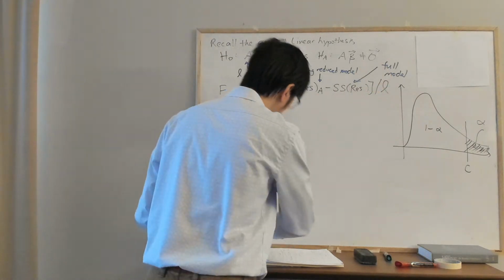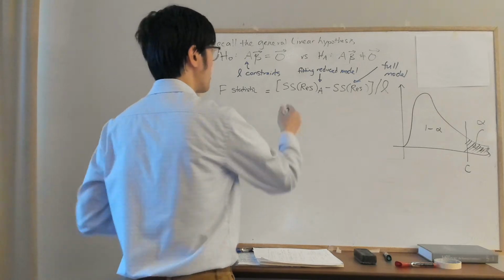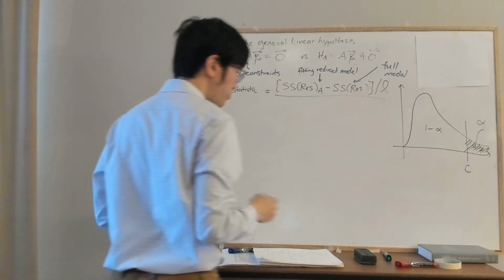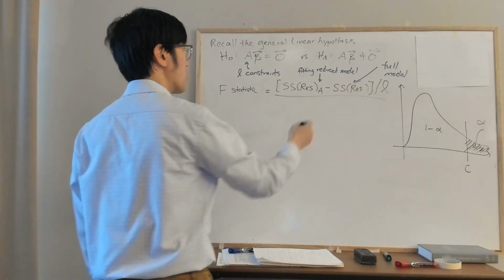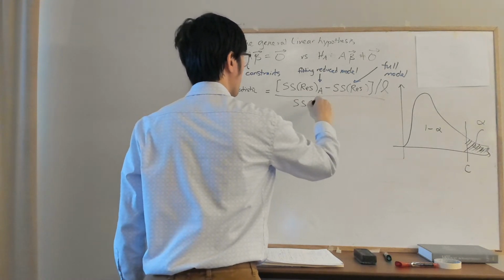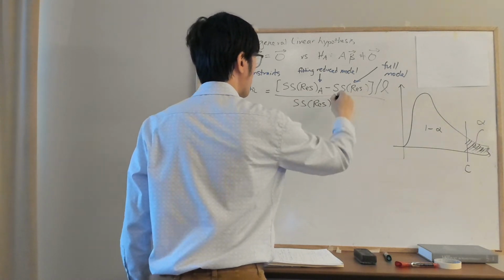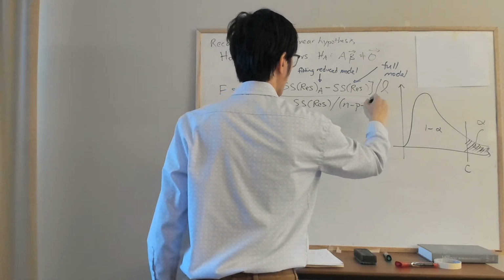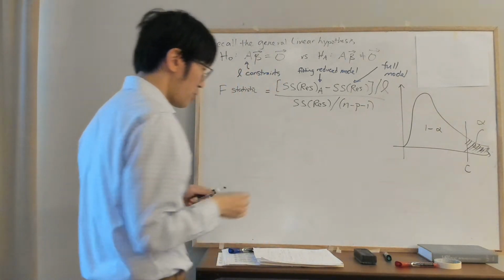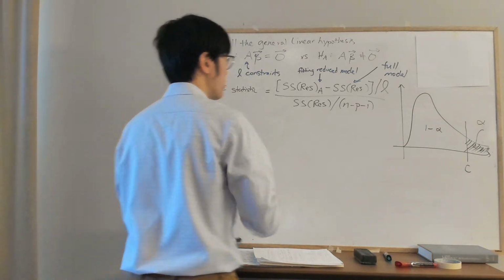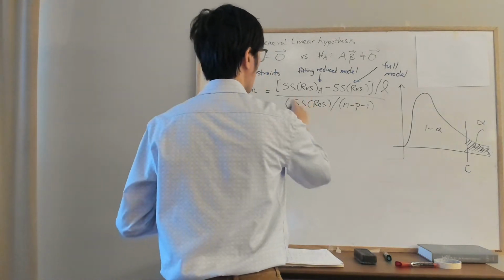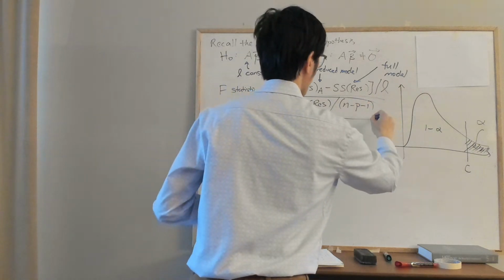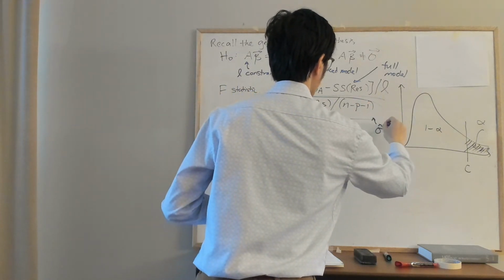Therefore the sum of squares residual will be smaller when you have more predictors, which is in the full model. And then in the denominator we have the sum of squares residual from the full model divided by its degrees of freedom, which in the full model is n minus p minus 1. This entire expression is simply sigma squared hat.